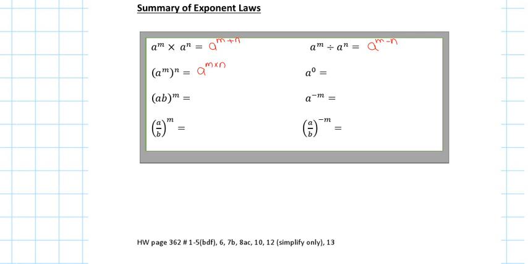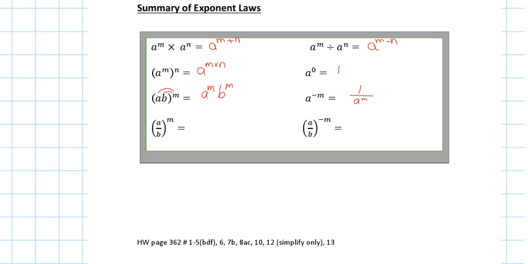Anything to the power of 0 is 1. If I have (ab) to the power of m, that m gets distributed to all the terms, so it's going to be a^m b^m. A to the power of a negative exponent, I flip the base, so it becomes 1 over a to the power of m.